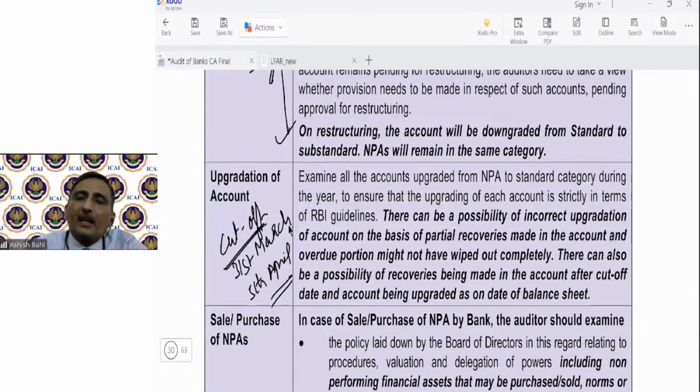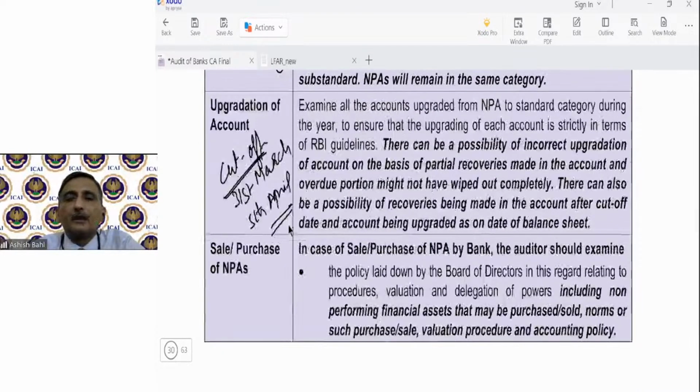Recovery has come on 5th April. The irregularity has been removed as on 5th April, but the account remains a non-performing asset, a substandard asset, as on 31st March. Clear? So this is also one of the important areas for the auditor to see when the account is upgraded from a non-performing asset to a standard, performing asset. Clear, guys? Yes.